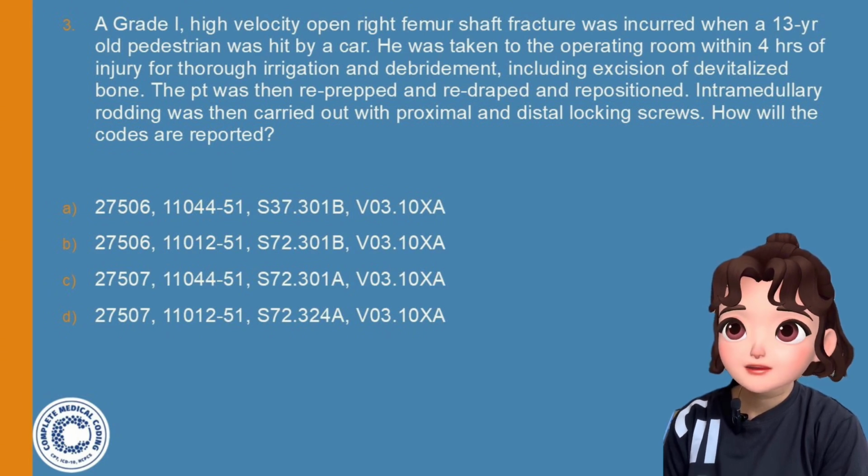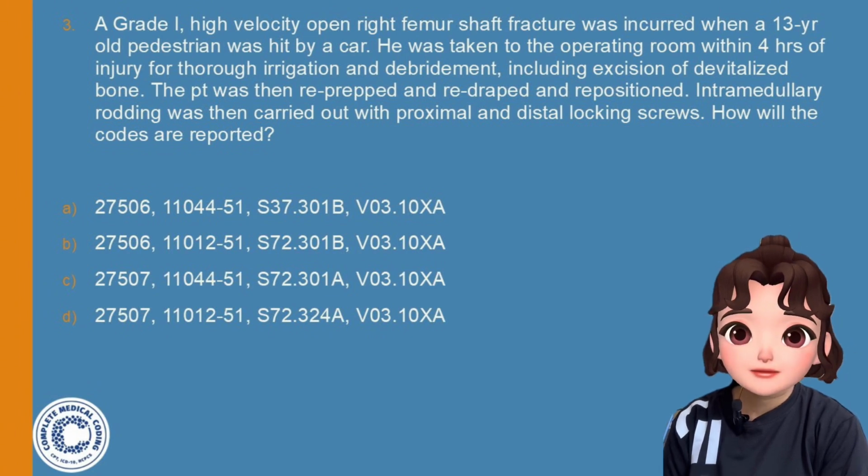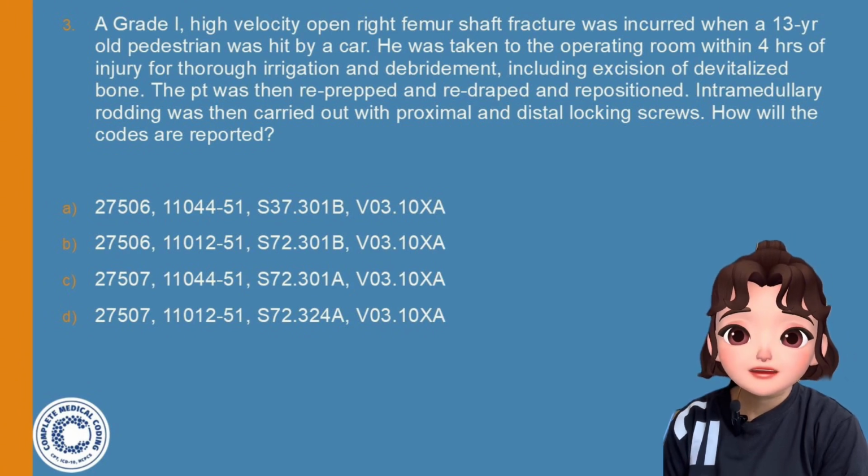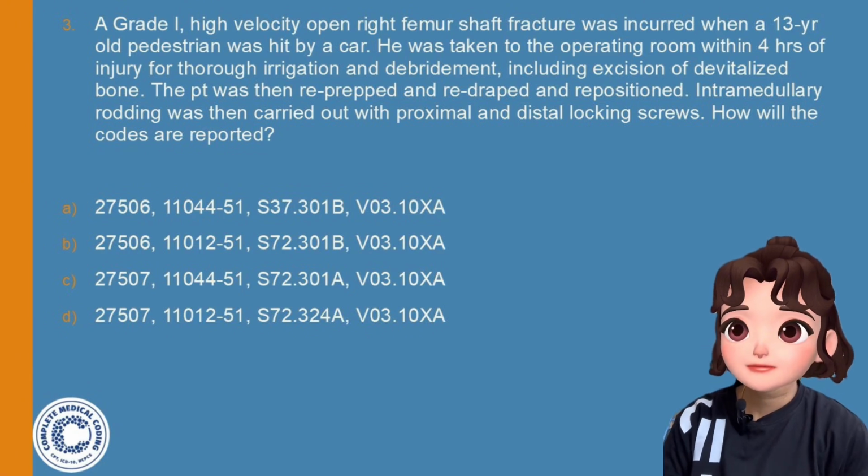Intramedullary rodding was then carried out with proximal and distal locking screws. How will the codes be reported? So, what are the procedures done here? Locking screws, open treatment is being done, and then debridement is being done.